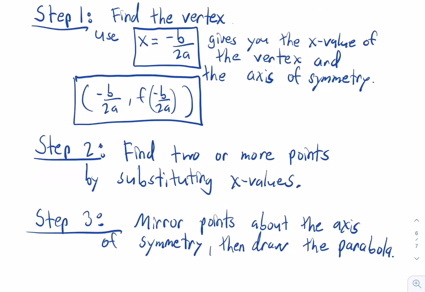Okay, so there's 3 steps. So you find the vertex, use x equals negative b over 2a to start you off, like we did last time. Then step 2, find 2 or more points by substituting x values. Step 3 is you're going to mirror those points about the axis of symmetry, and then draw the parabola. Okay, that's your 3 steps.